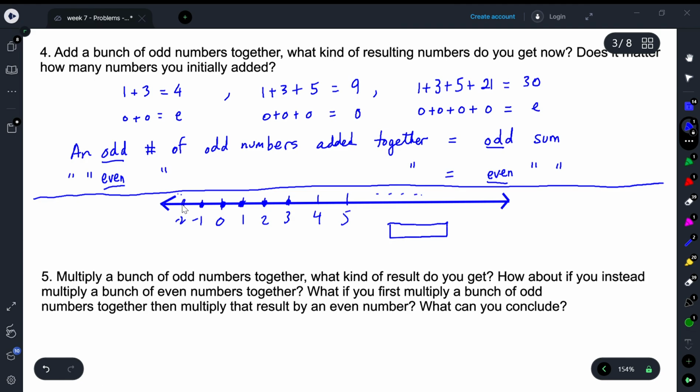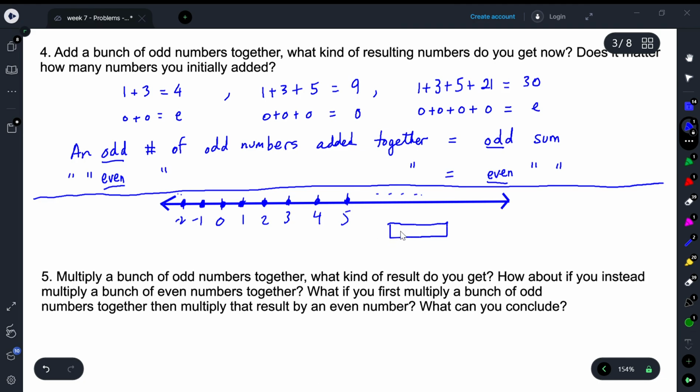So if you move around the number line, it doesn't matter whether you add or subtract, you're always switching parity. So when you add 1 or subtract 1 from a whole number, you can see from the number line visually here that we are switching the parity of the number. We're changing from even to odd to even to odd, alternating every time we add or subtract 1.